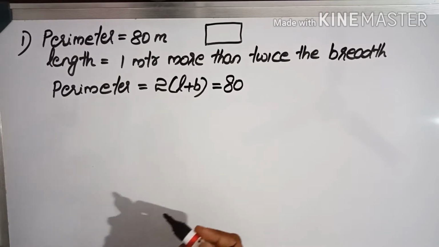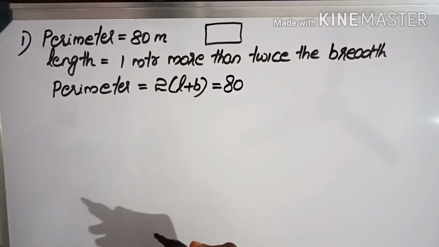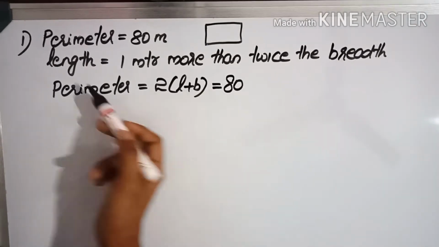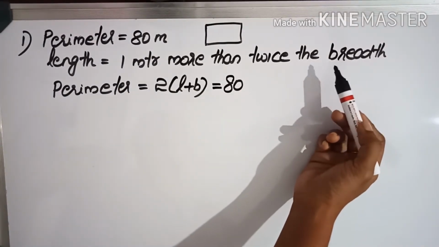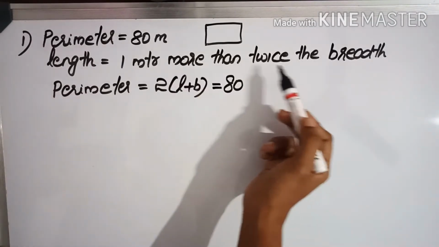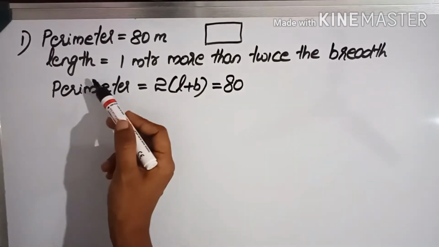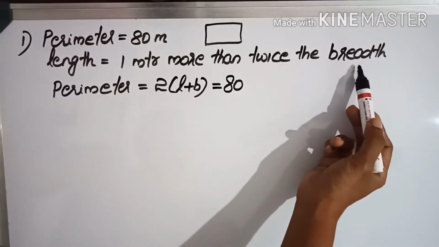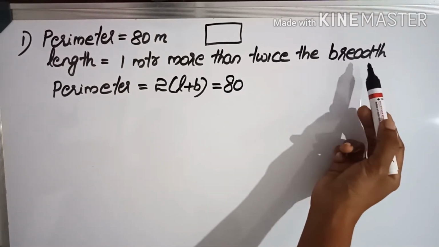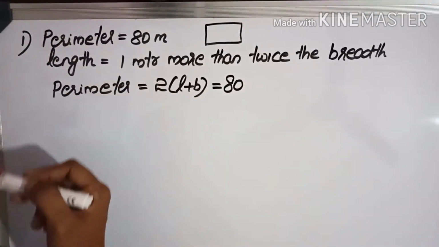Now in this section I told you we have to consider variables. Here we have to find what? Length we need to find and breadth also we need to find. In order to find this, one condition is given in this question, that length is equal to 1 meter more than twice the breadth. So first we want breadth, then only we can write length.